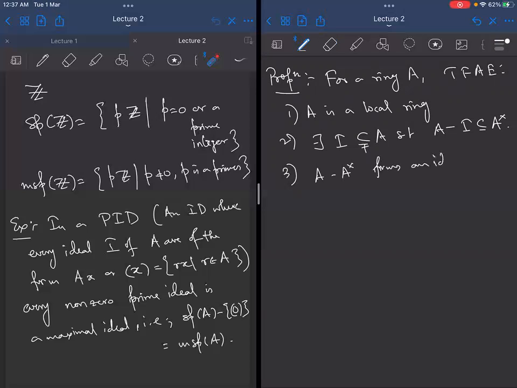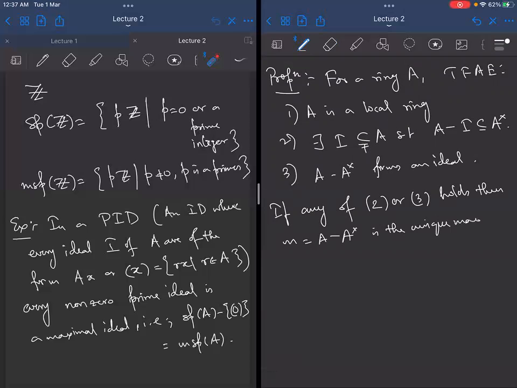And if either 2 or 3 holds, then M, which is A minus A star, is the unique maximal ideal of A. This is again self-explanatory.